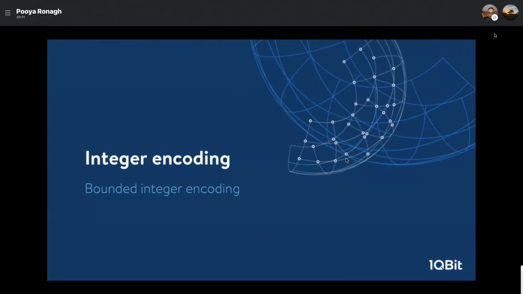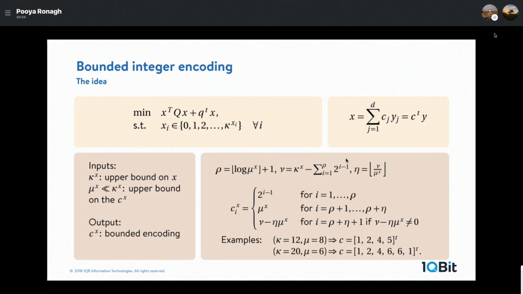Okay, so the last point that I have to talk about in this pipeline for integer programming: we talked about the constraints, and I have to also talk about how to handle the integer variables. So the idea here is that instead of using binary encoding, which has these coefficients that are basic powers of 2, we want to have something that we call bounded encoding, where the bound is given somehow by the noise model of the system.